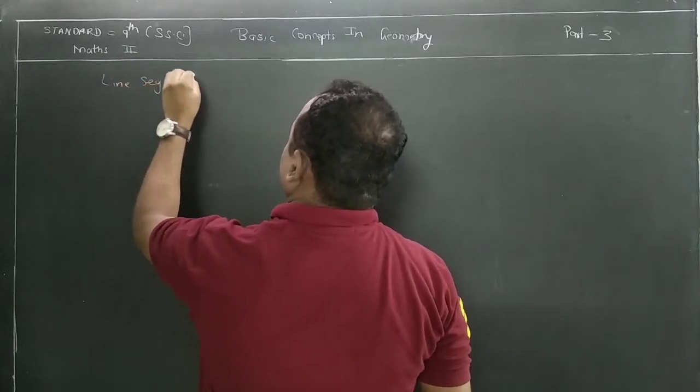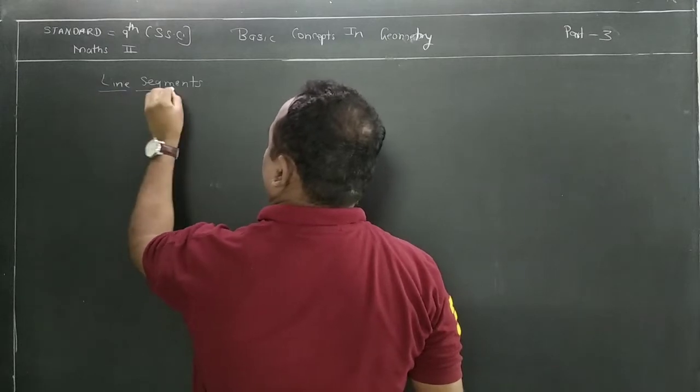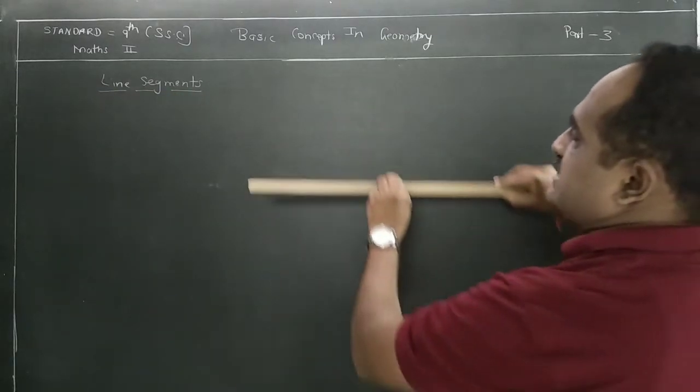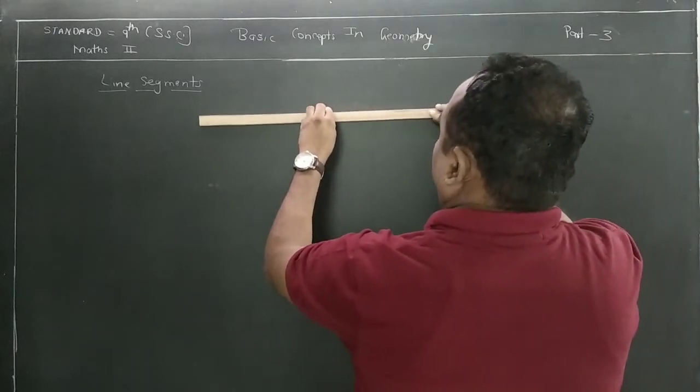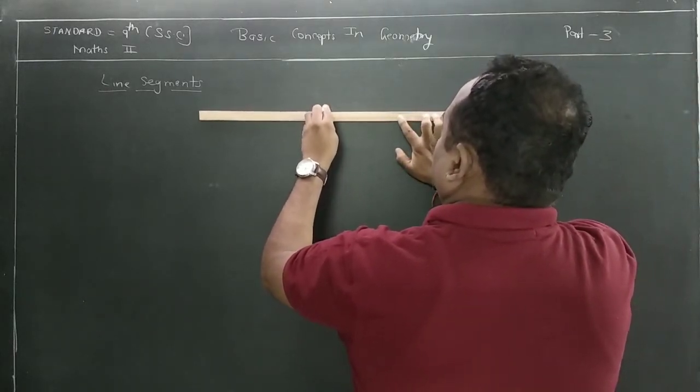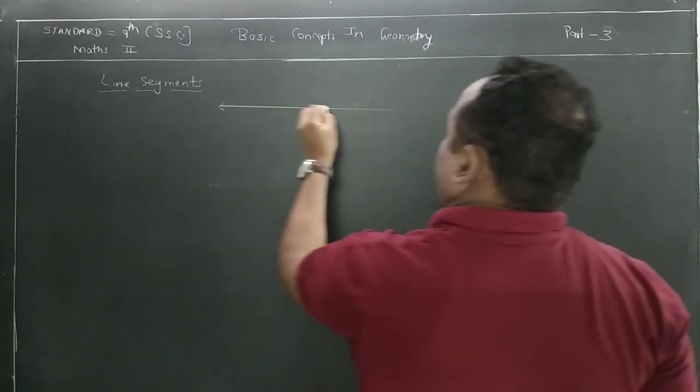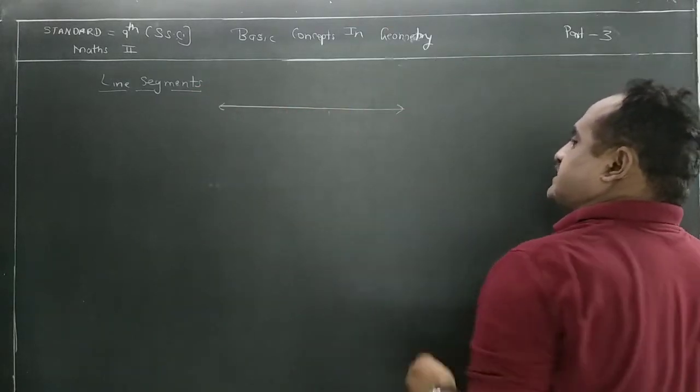I have given some idea for line segment. I told you that our line is there. For a line, I have denoted it by an arrow. Is it right?